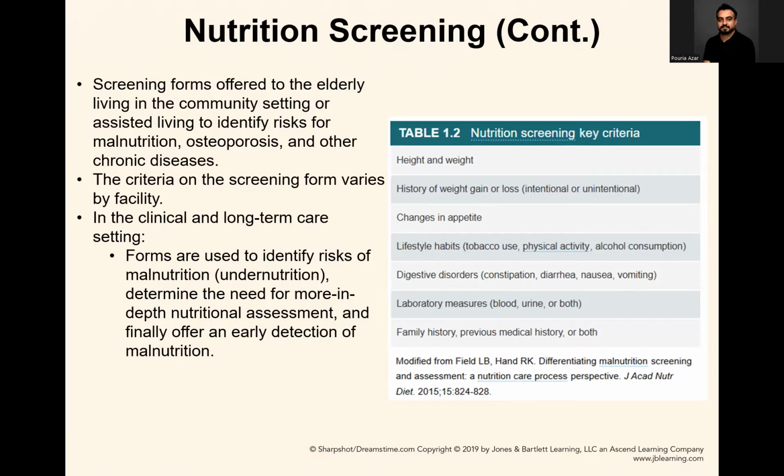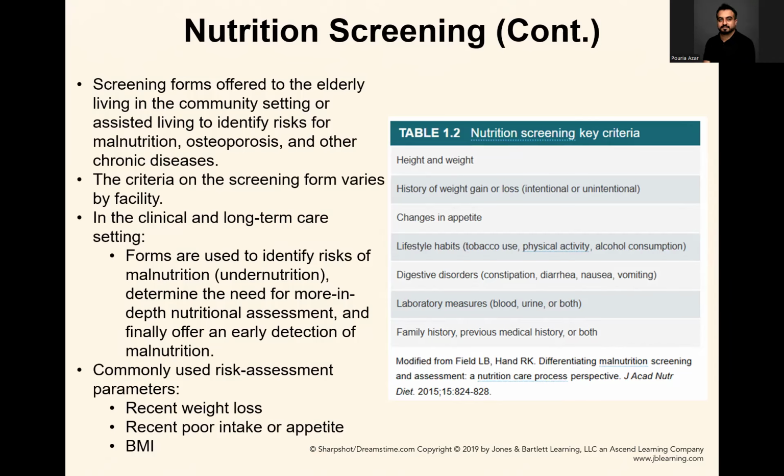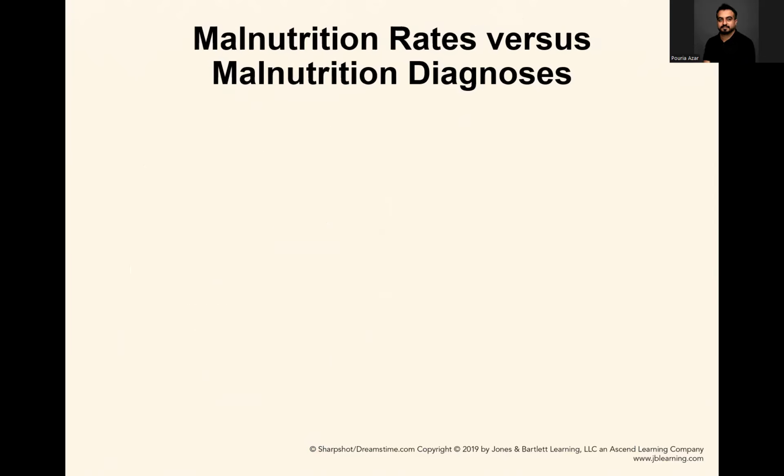So those criteria vary by facility. But commonly used risk assessment parameters are recent weight loss, recent poor intake or appetite, and BMI. These three parameters are commonly used in nutrition screening forms.